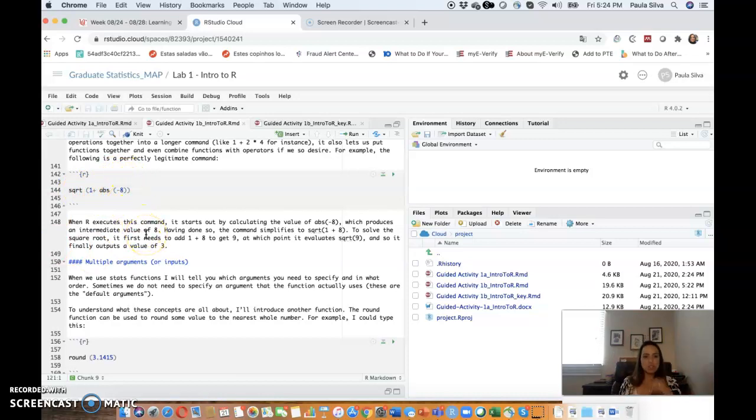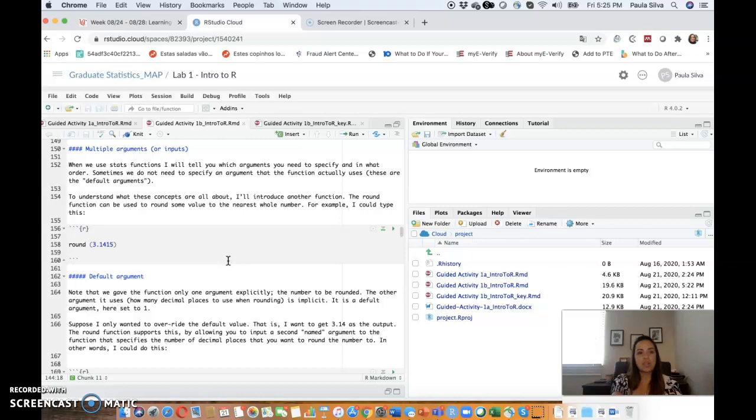When R executes this command, it starts out by calculating the value of something that's more inner to the function, to the input. So first this one, right? The thing that's in the most inner part of the parenthesis. So it starts calculating the absolute value of negative 8. Then it sums with 1, which is 9. And then it takes the square root of 9, leading to 3.